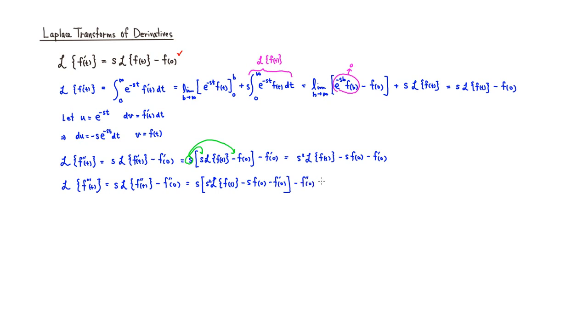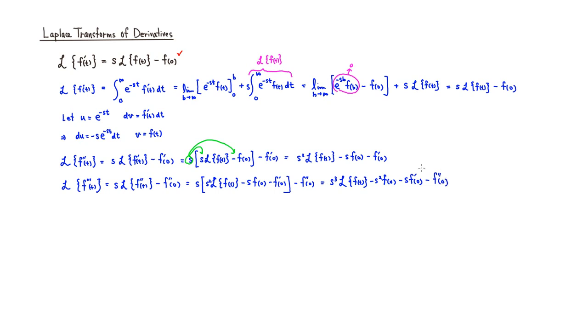This simplifies to s cubed times the Laplace transform of f of t, minus s squared f of 0, minus s times f prime of 0, minus f double prime of 0.